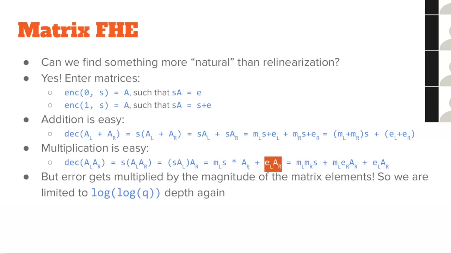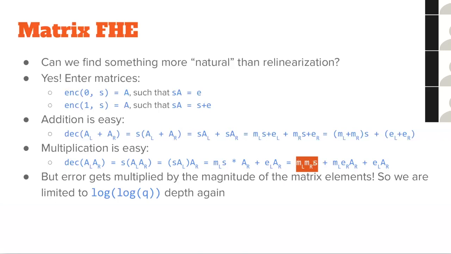And so multiplying by AR means your ML S is going to turn into ML MR S, because S times AR by itself gives you MR S. If S times AR gives you MR S, then ML times S times AR gives you ML MR S. So the decryption of the product gives you the product of the messages.